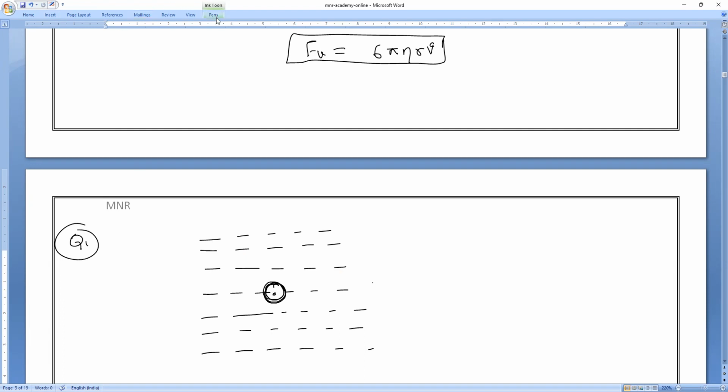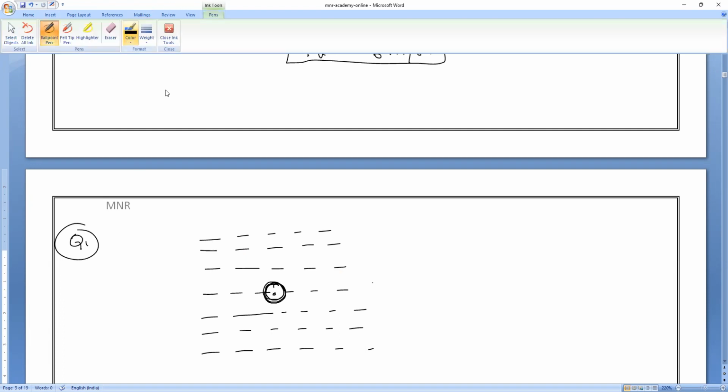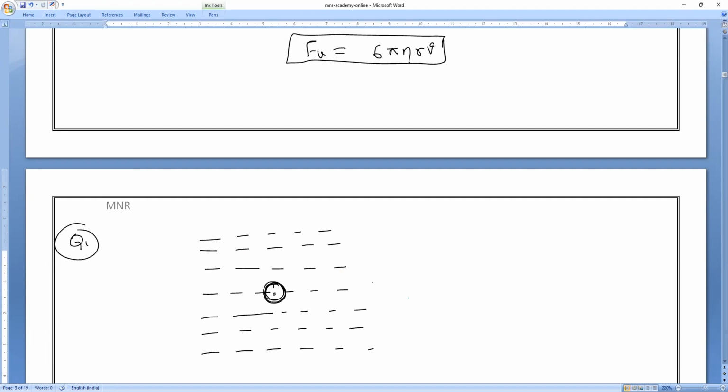So if you have taken the spherical object, write it. It is moving with a velocity of 10 power 3 meter per second. Coefficient of viscosity is 10 power minus 3 Newton second per meter square, and mass of this one is 6.28 kilogram.